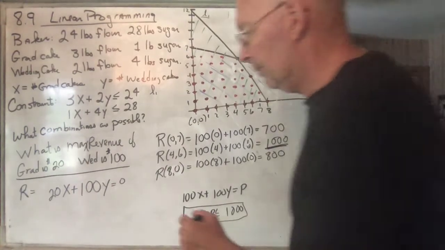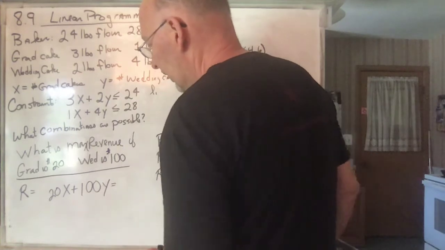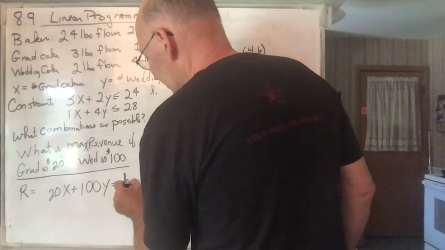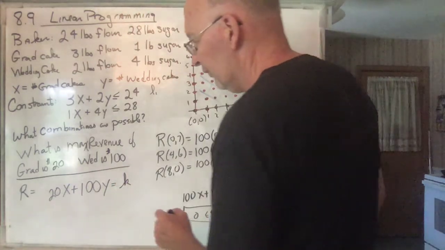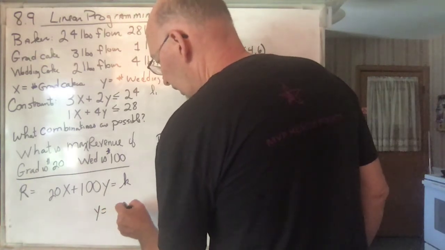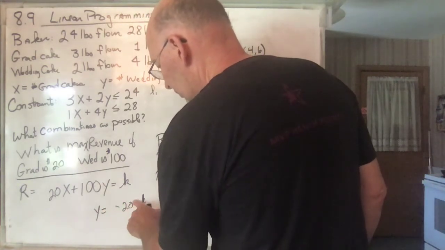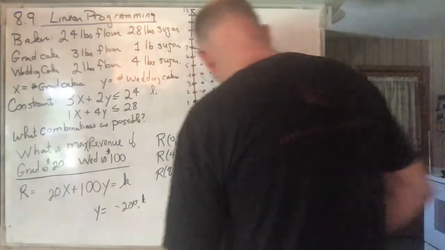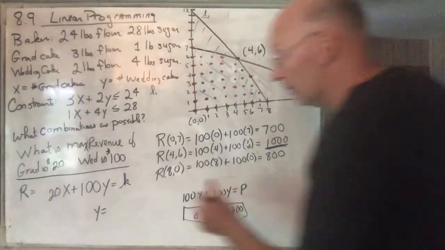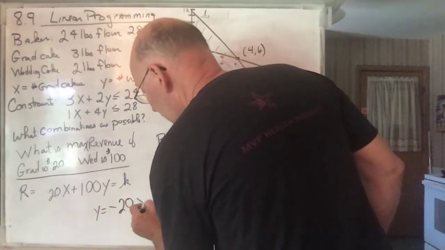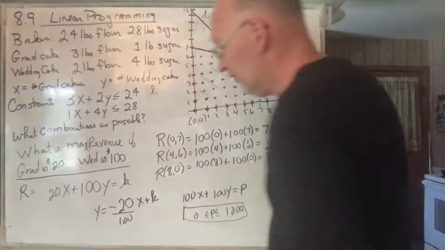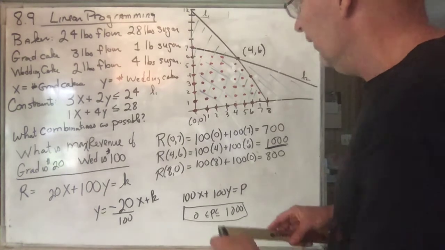Well, let's think about it. 20x plus 100y, if you set that equal to some constant and you solve it for y, that means that y is equal to negative 20x plus the constant, and then you divide through by 100, and that's going to be a slope of negative 1/5.